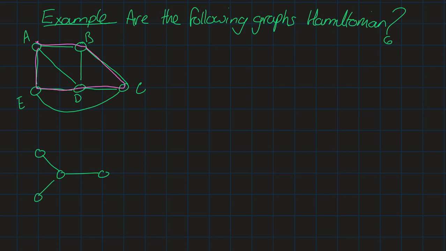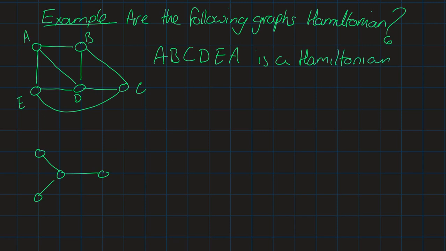Easy, right? Very easy. If I translate that into the algebra, that is A, B, C, D, E, A. This is a Hamiltonian circuit. So the graph is Hamiltonian.